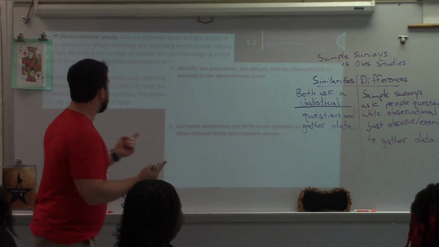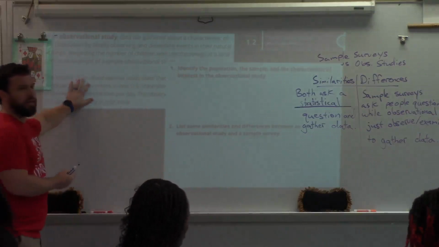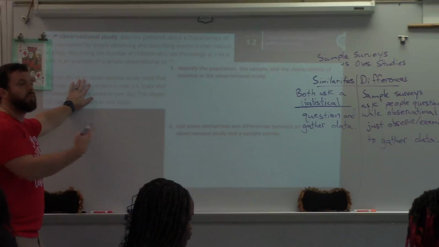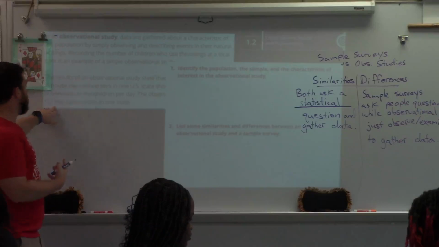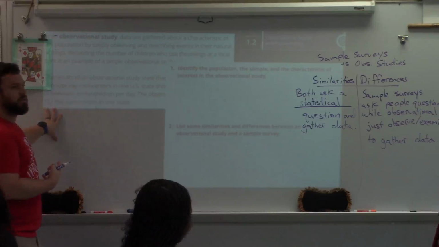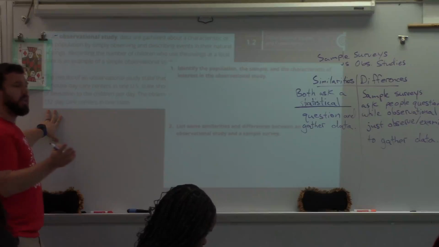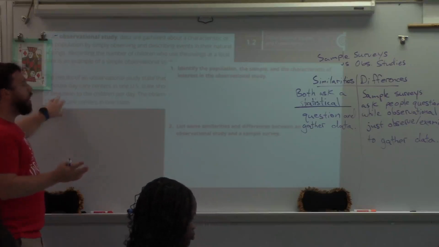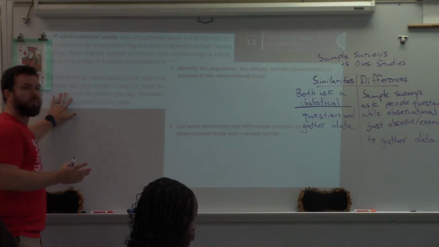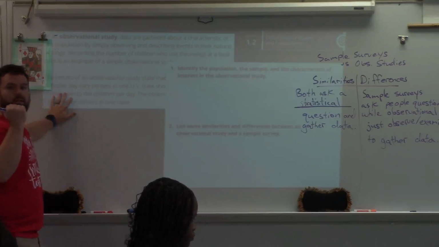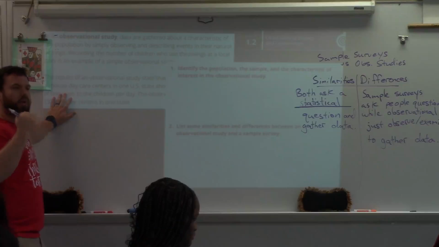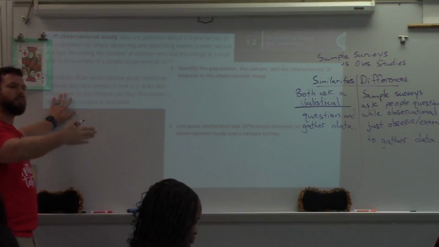So, based on this data about the daycare centers, we believe because they only looked at how many daycare centers? 132. You think there's more daycare centers than that in the entire state? Yes, probably. So what are they trying to do with that sample? For what purpose, though? To study and see. That's part of it. But hold on, what was the goal of the sample survey again?